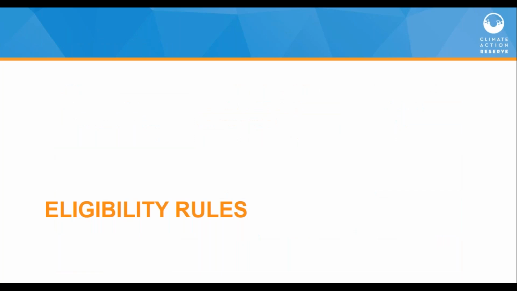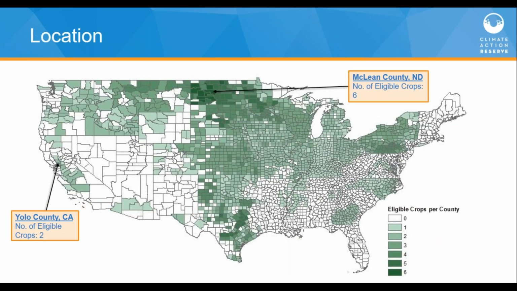All right, moving on into eligibility. For eligible project areas, as mentioned, this is assessed at the county level. The map here shows, with the counties shaded in green, where projects can be implemented. This is based on the contiguous US, and the darker the shade of green, the more crops that are eligible in that county.